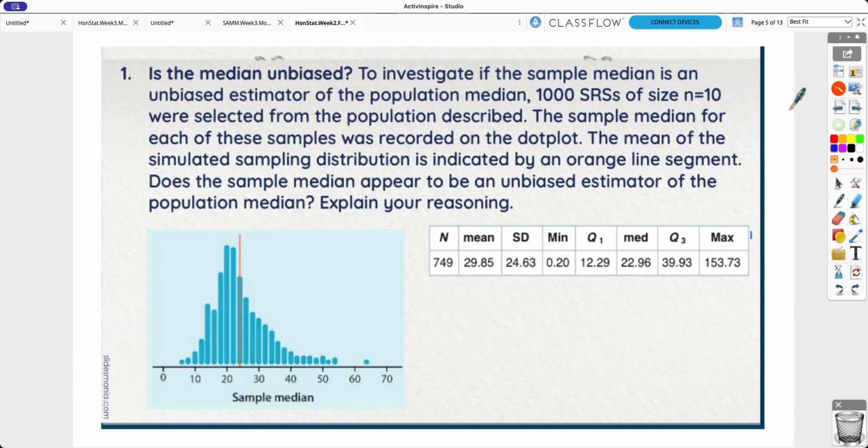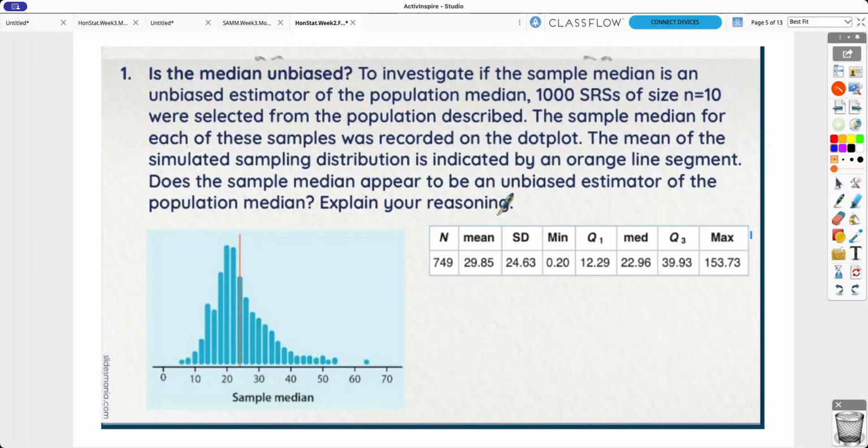To investigate if the sample median is an unbiased estimator of the population median, 1,000 simple random samples of size n equals 10 were selected from the population described. The sample median for each of these samples was recorded on the dot plot. So here is the dot plot for the sample median.